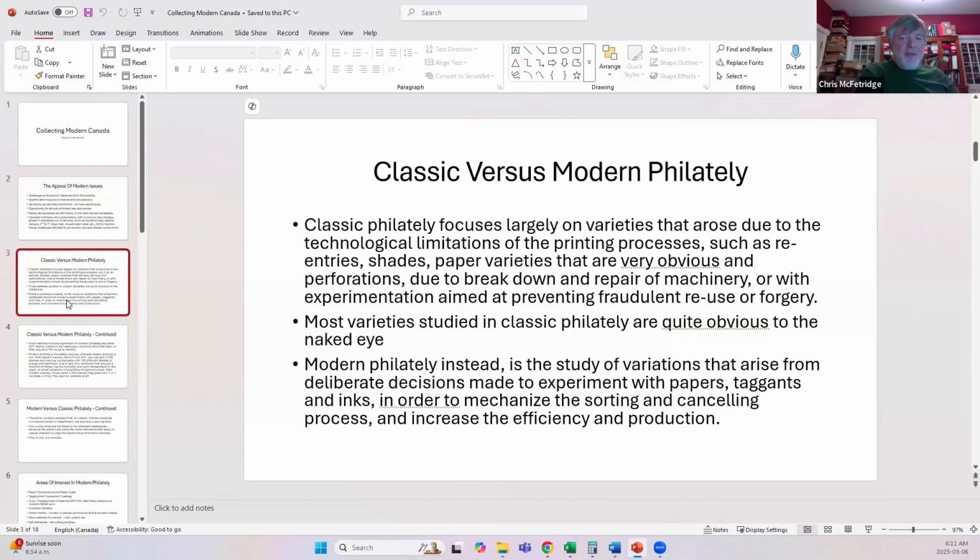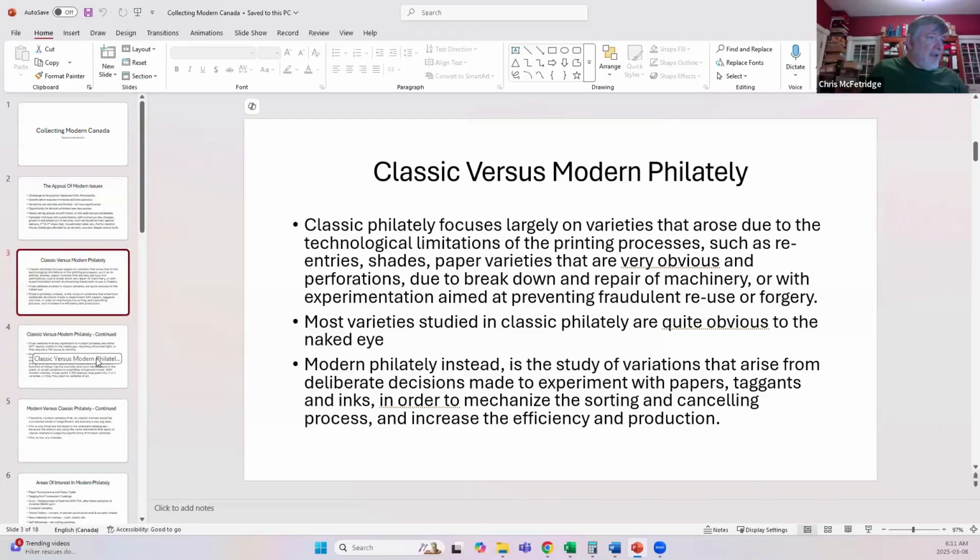So the varieties that are found in modern stamps, they're a lot more subtle, but they do have a significance in that they tend to arise from an actual deliberate decision made to make certain changes to the papers and inks.